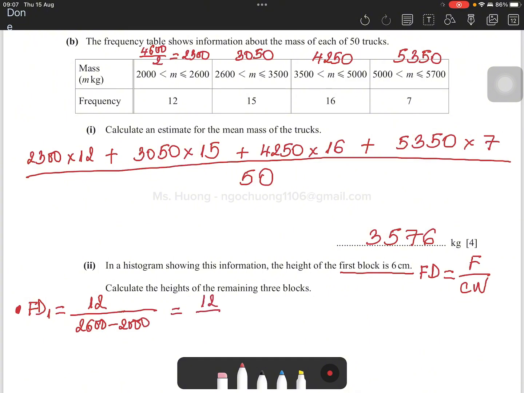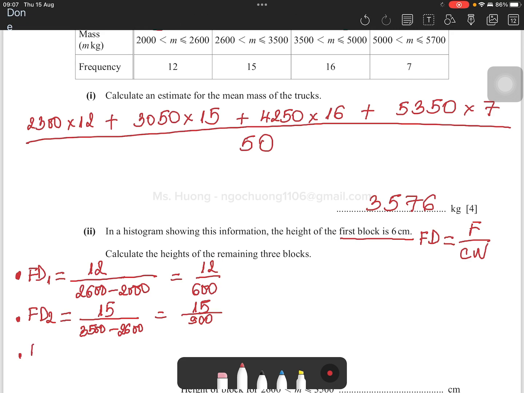So it is 12 over 600. And the frequency density of the second block is 15 over 3,500 subtract 2,600.